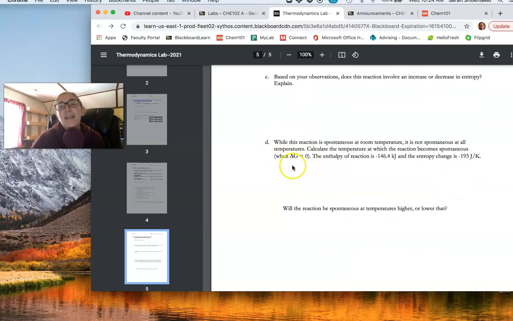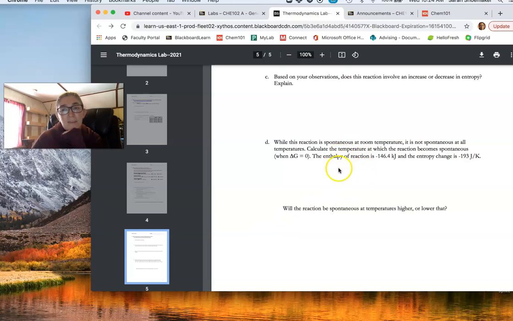And then here's a sort of thermodynamic problem around this reaction. While this reaction is spontaneous at room temperature, which is what we just witnessed, it's not spontaneous at all temperatures. So in this question, I want you to calculate the temperature at which the reaction becomes spontaneous. In other words, you should set delta G, the free energy, to 0 and solve for temperature.